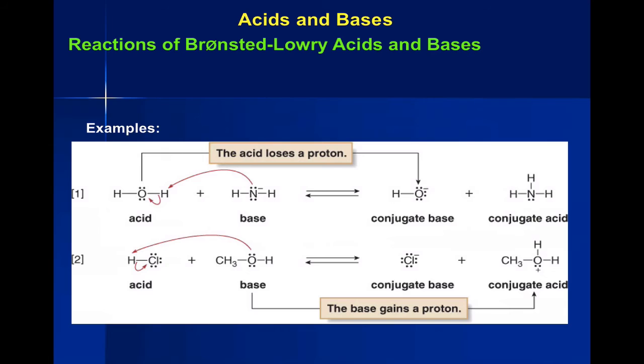Water is the acid, and amide is the base. Now notice the mechanism. I'm pushing what type of arrow? A double-headed, right? And so I'm going to start at one of the lone pairs on the nitrogen. I'm going to push that to the proton, or to the hydrogen. How many bonds can hydrogen have?